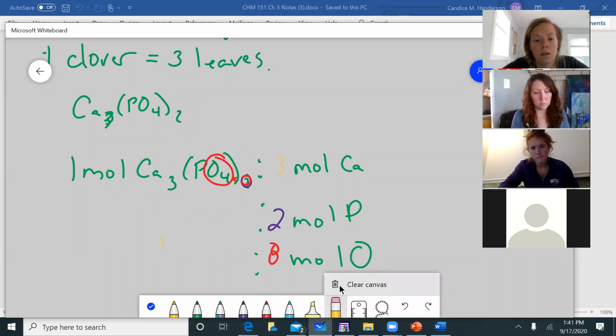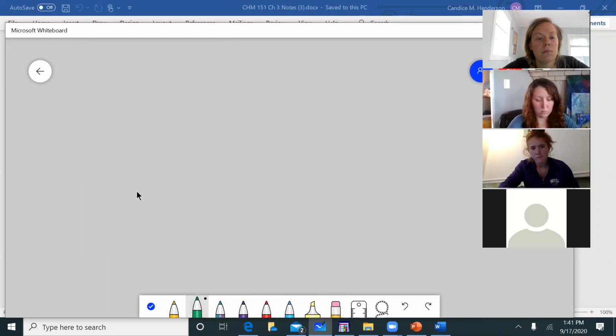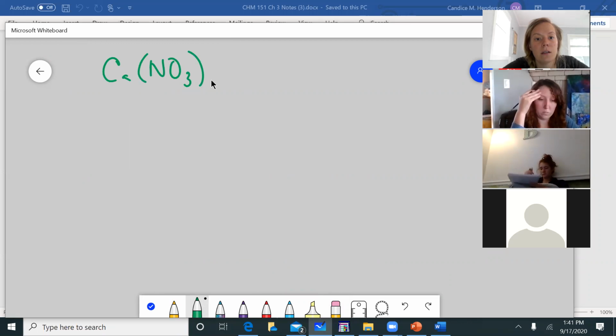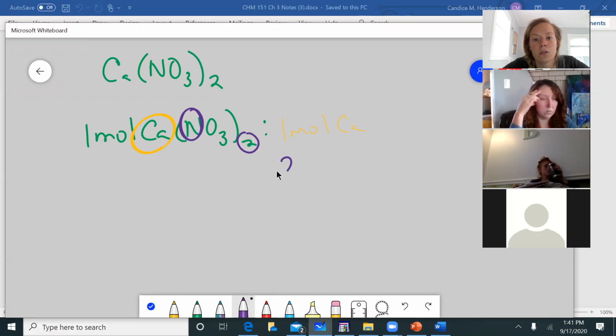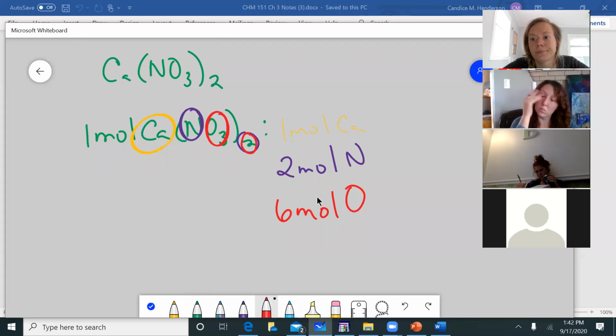Calcium nitrate, Ca(NO3)2. 1 mole of calcium nitrate is equivalent to, transitions to, is equal to, however you want to think about it, 1 mole of calcium, 2 moles of nitrogen, and 3 times the 2, or 6 moles of oxygen. Hopefully that feels simple now.